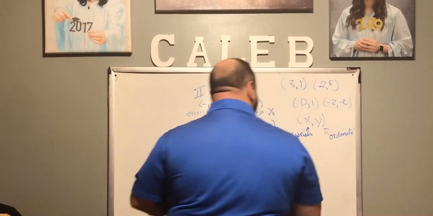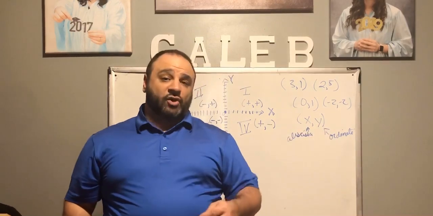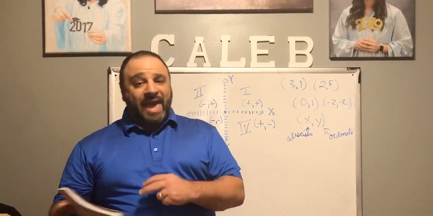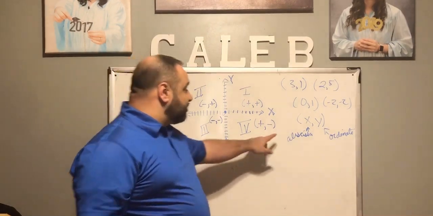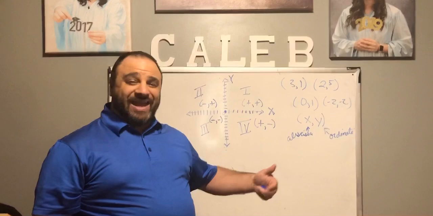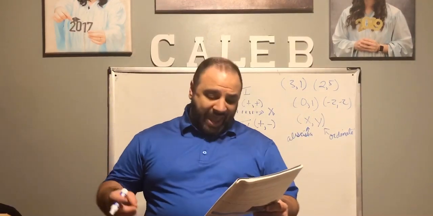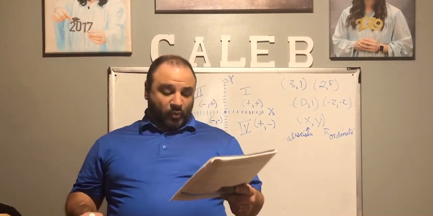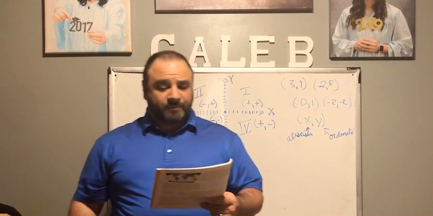All right? So the abscissa and the ordinate. You need to know that. So again, the first term is called the abscissa, which is the x term. The second term, which is the y coordinate, is also known as the ordinate, okay? The ordinate.